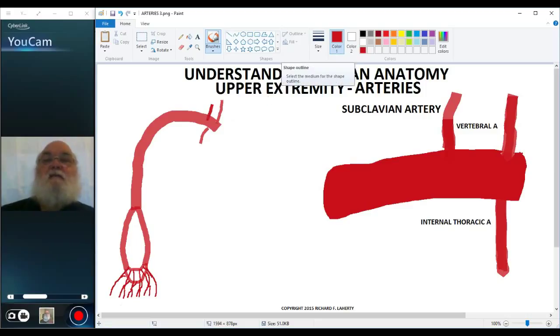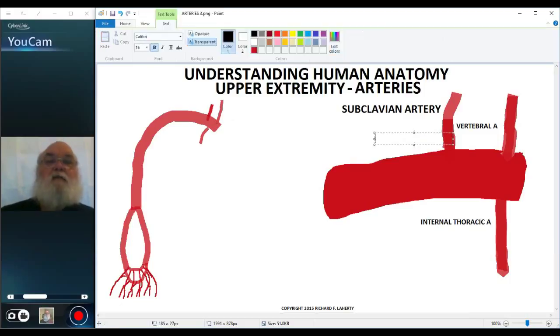And this is an important artery because it supplies part of the neck, but also, one of its branches is the inferior thyroidal artery, and it is half the blood supply to the thyroid gland on each side of the body.